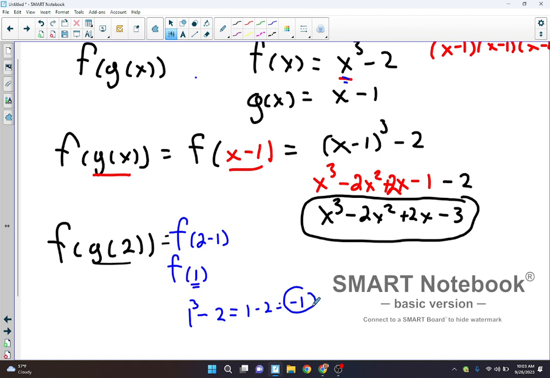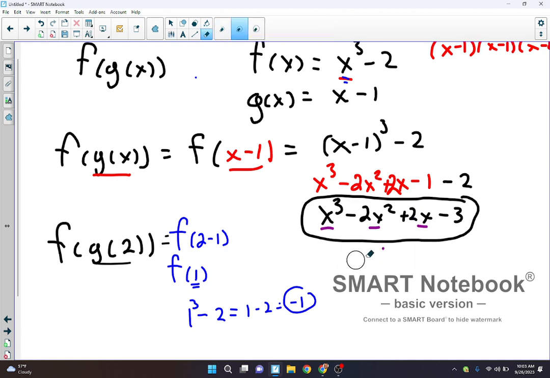Okay? Another way you could do it is if you found already f of g of x, you could just plug it into your final answer over here. Risky part about that is if you made a mistake here, it will cause you to make a mistake here. So I imagine doing piecewise is the best move. This, if I did it correctly, should be the same. And is it f of 1? So 8 minus 8 plus 4 minus 3. Oh, I get positive. So I messed up something with the multiplication here. But yeah.